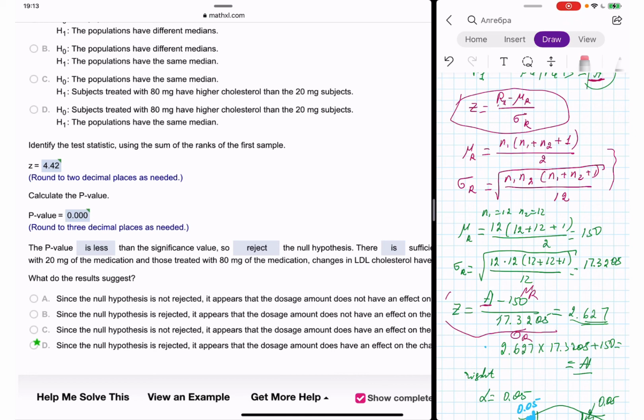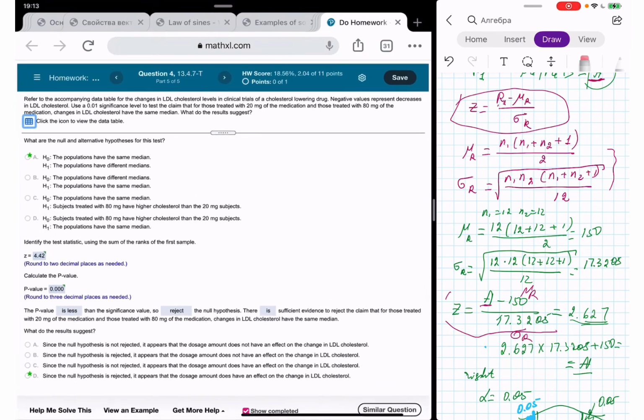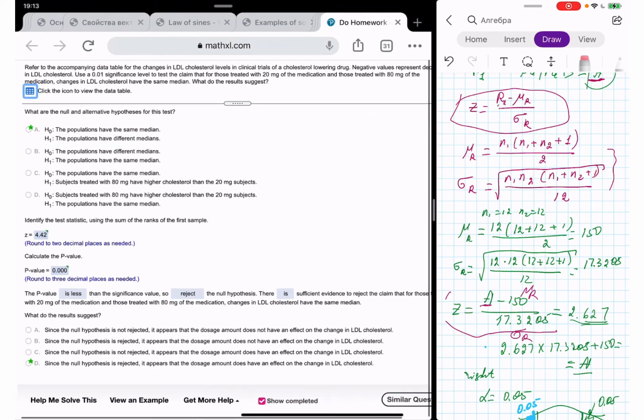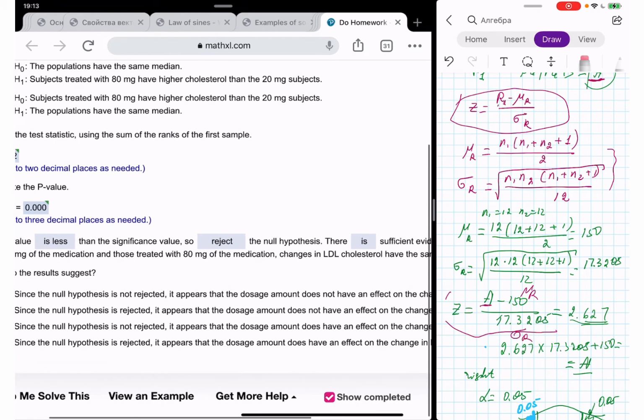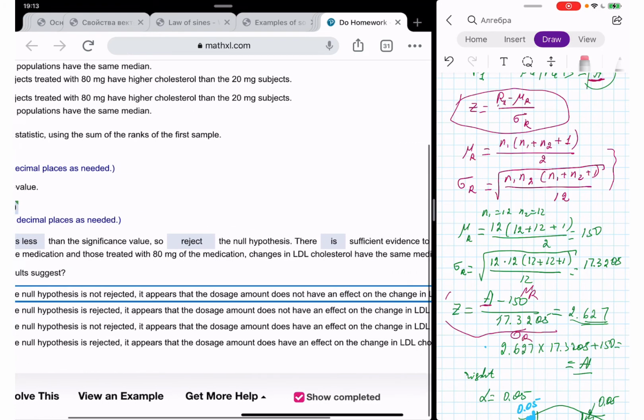All right. So what does that mean here? We are comparing the p-value to the significance level, which is 0.01. Because it's less than the significance level, we are going to reject our null hypothesis.